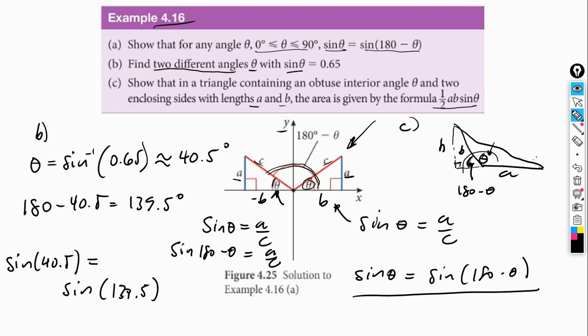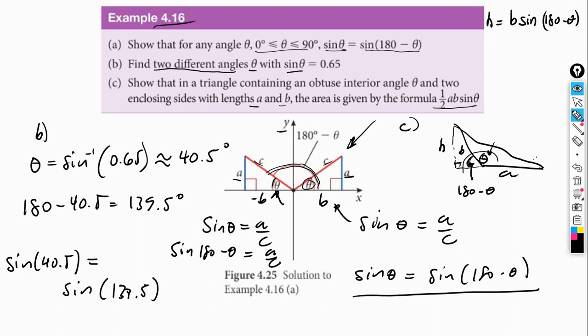H, the height, I'm going to write over here, is going to equal B times the sine of 180 minus theta. Why? Well, let's do it differently.